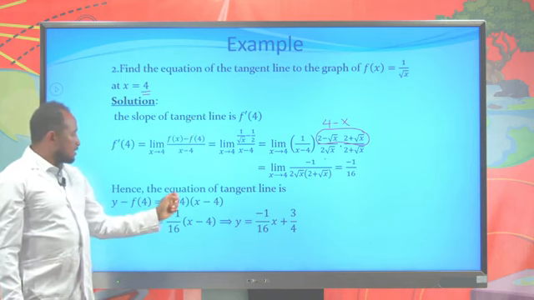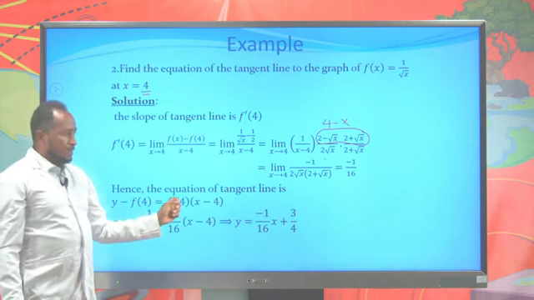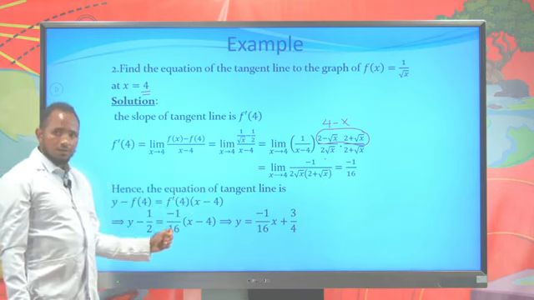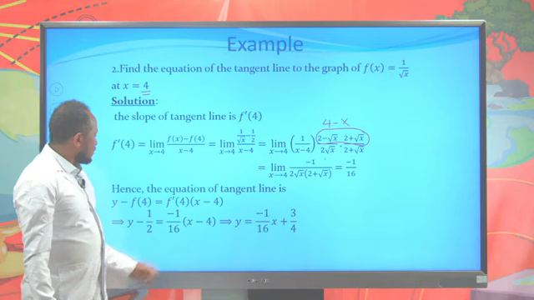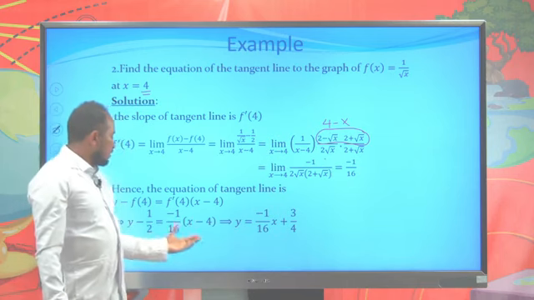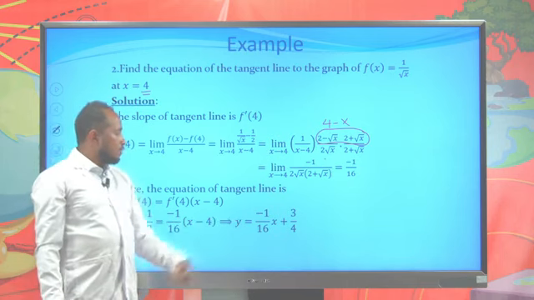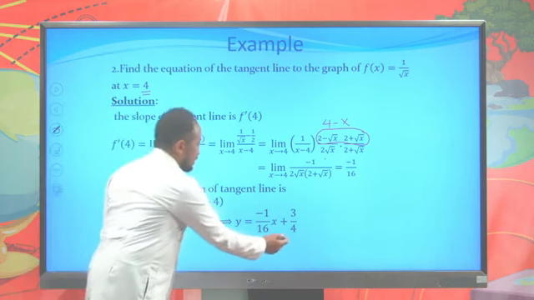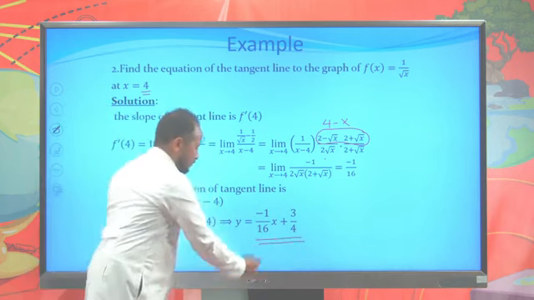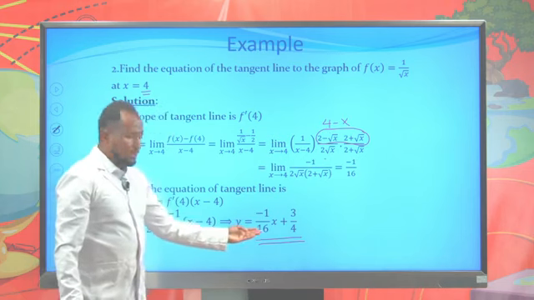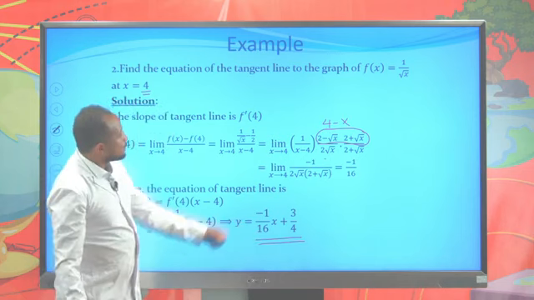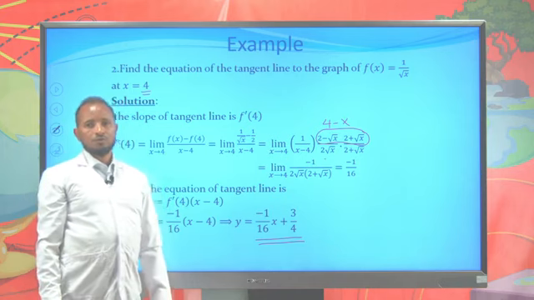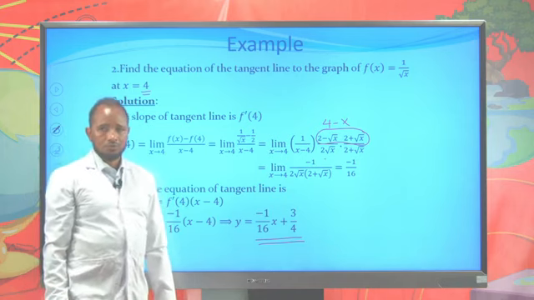This is equal to the derivative at 4, that's the slope we found, negative 1 over 16, times x minus 4. When you simplify it, you get y is equal to negative 1 over 16 x plus 3 over 4. So this is the tangent line equation for the graph of f of x equal to 1 over square root of x at x equal to 4.